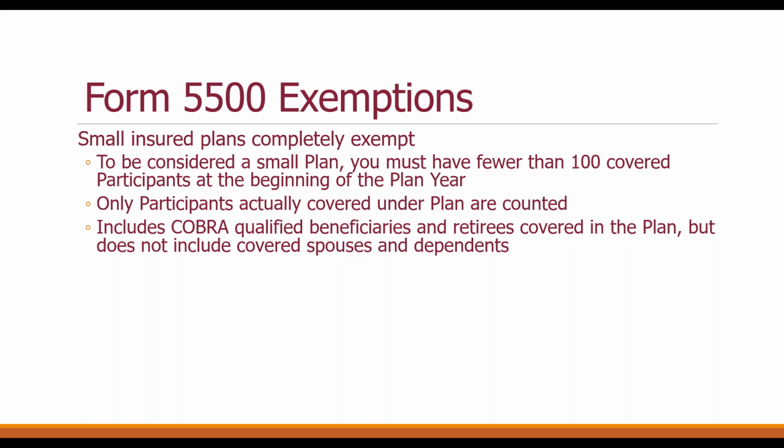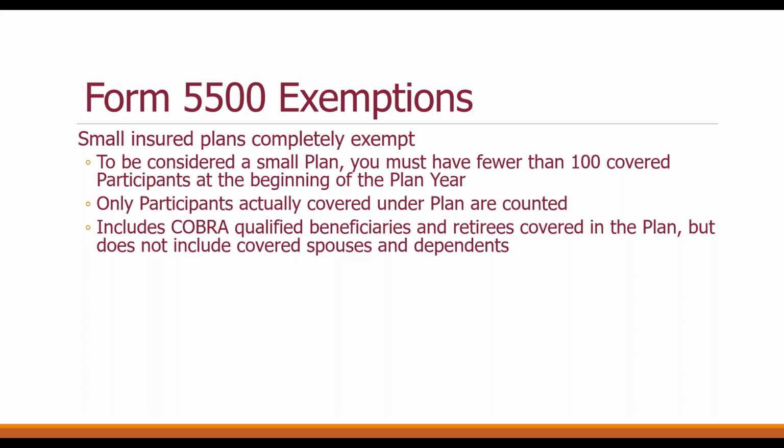So again, using the calendar year example, January 1st to December 31st, you do a census or count your participants on Jan 1, and you say, I either have 100 or more participants or I do not. If you have 100 or more participants, you get the benefit of having to file a 5500 for the DOL.